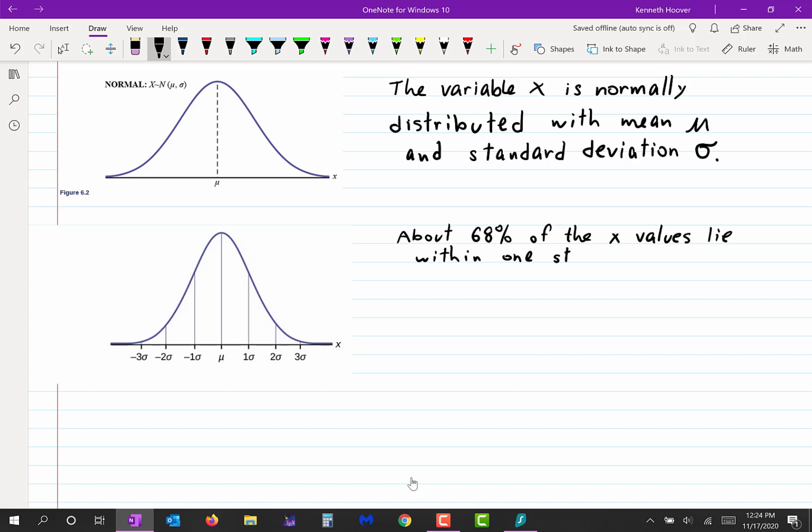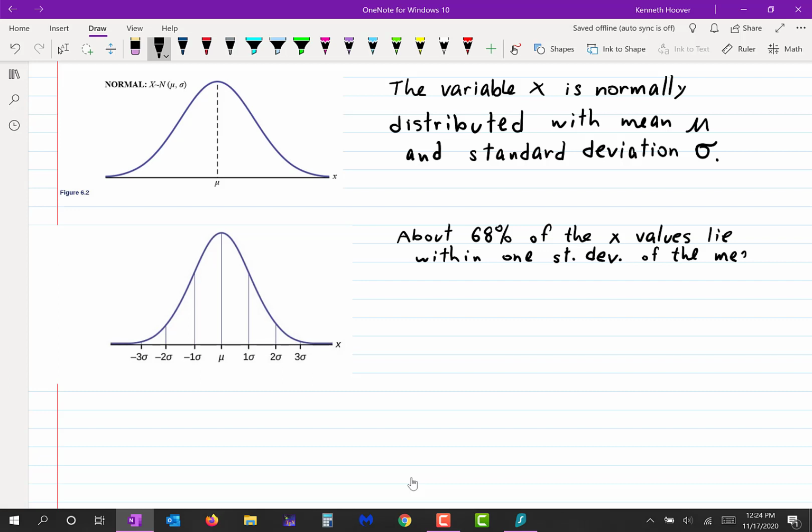I'm going to start abbreviating standard deviation now, so we don't take so long to write it out every time, because we're going to be writing it several times. About 68% of the X values lie within 1 standard deviation of the mean.